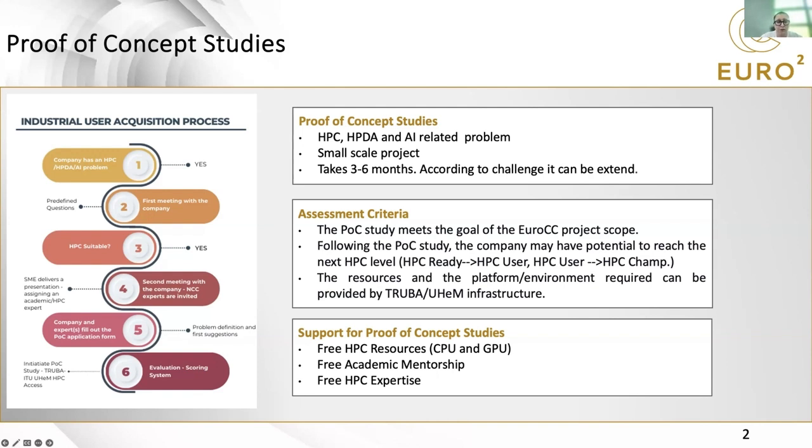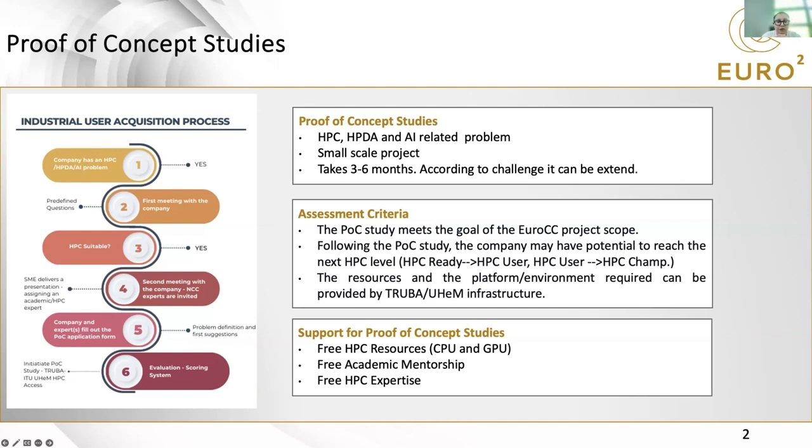At this point, I want to mention that not all the problems turn into a proof of concept study. We have an evaluation process. According to our process, every affiliated entity gives points to the problem by considering a few criteria.